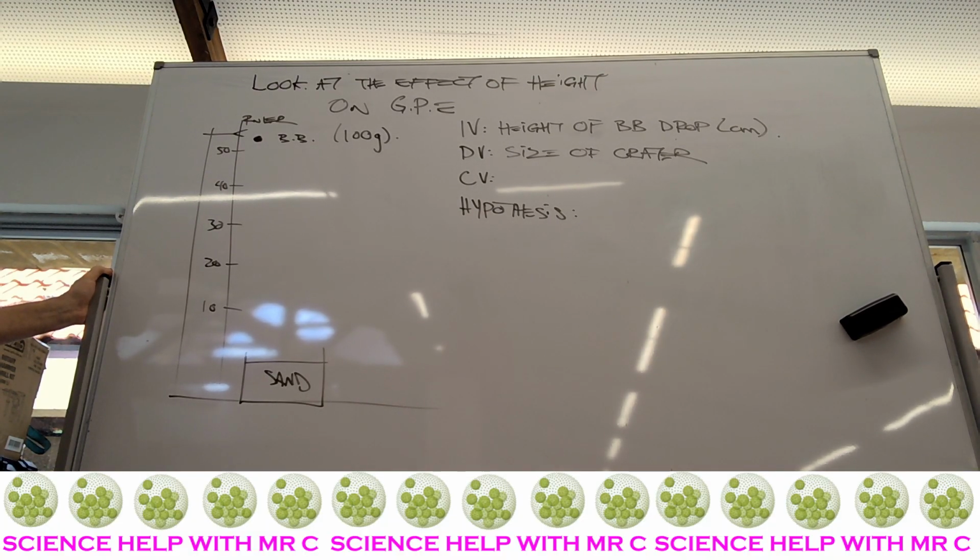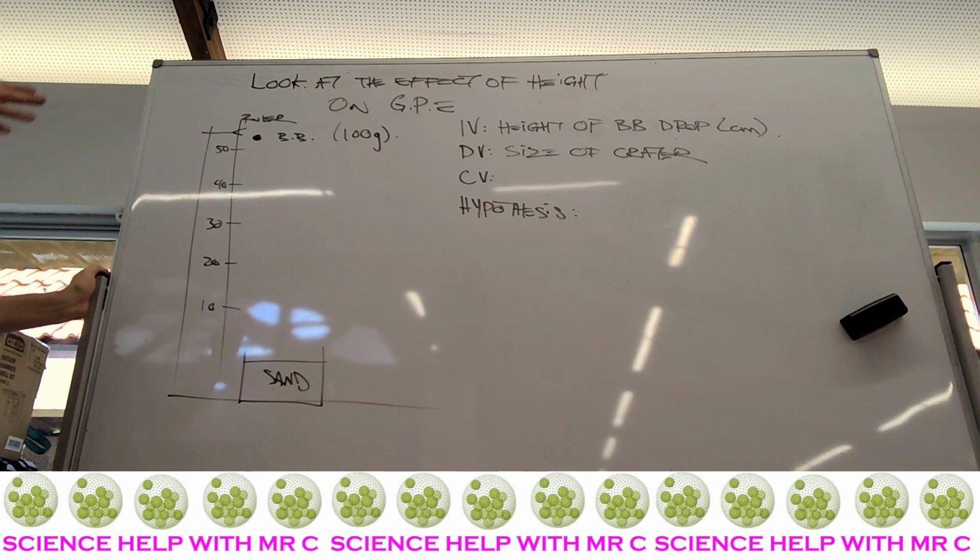Depth would be fine. Depth would give you a better result. But isn't the point of the skewer to measure the depth? It's up to you how you want to measure it. I would measure the depth because it'll get deeper and deeper the more GPE that it does have. So the dependent variable is the depth of the crater.